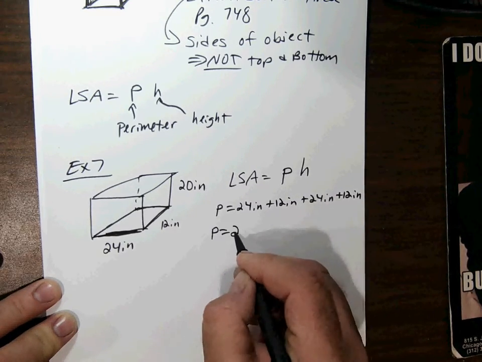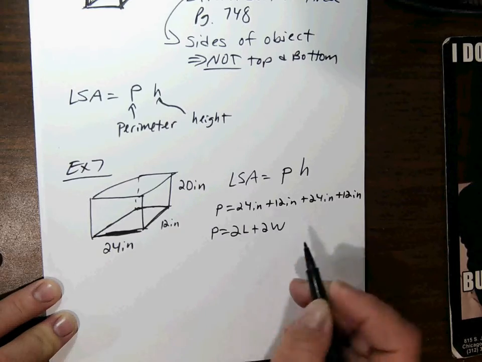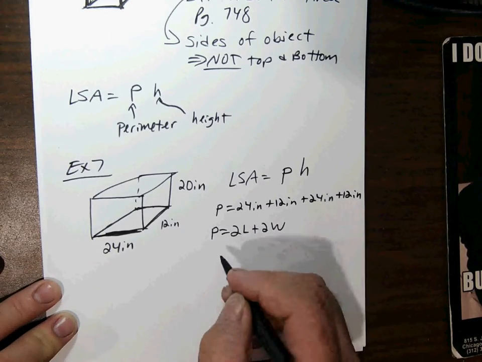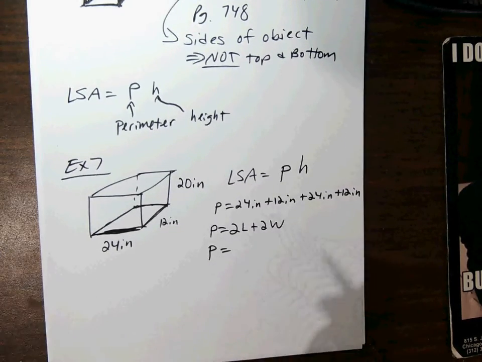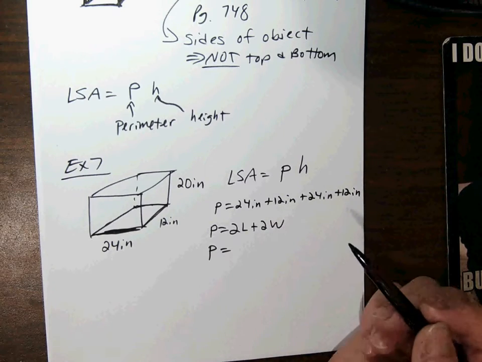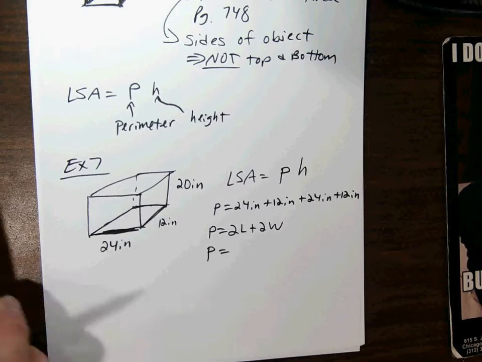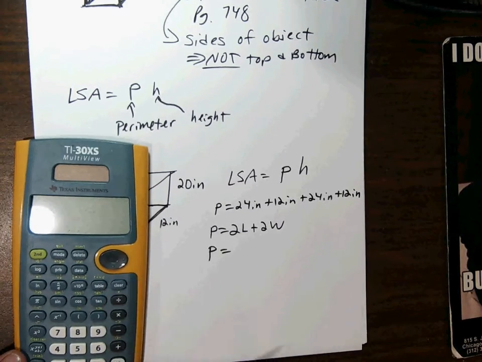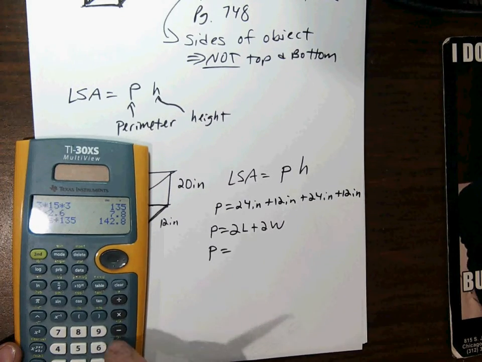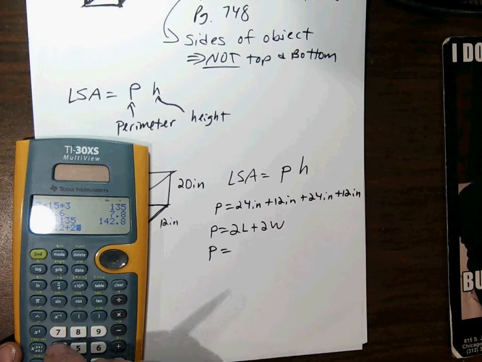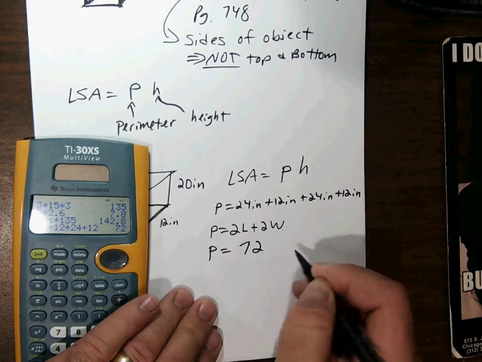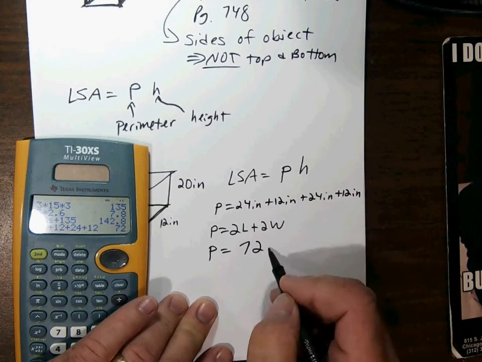It's twice the length plus twice the width, or you can simply add the 4 sides together. So 24 plus 12 plus 24 plus 12, what do we get? I think we could probably do it in our heads, but let's do it. 72. The unit is inches.